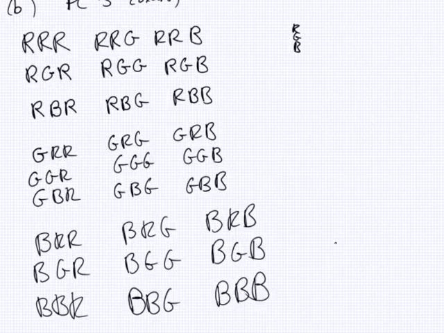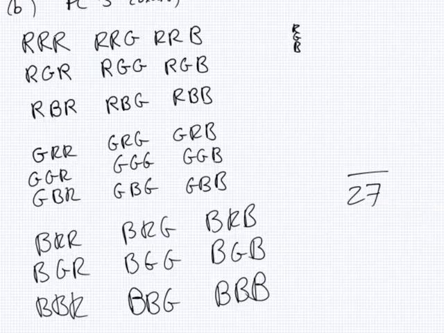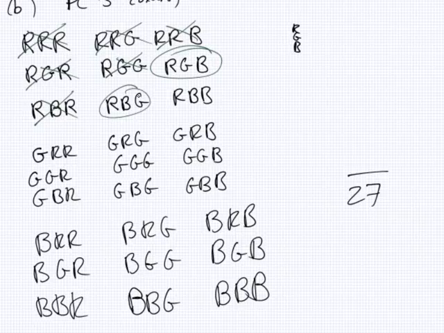Alright. And now the probability. You want all three different colours. 27, isn't there? So, in green, this one, no. This one, no. This one, no. No, no, yes. No. Red, yes. No. This one, no. This one, no. This one, yes.